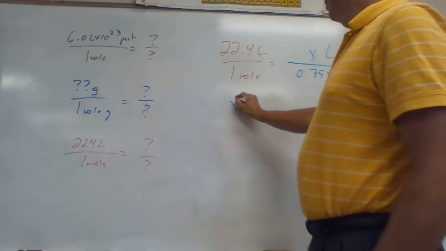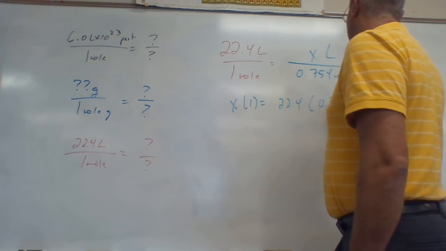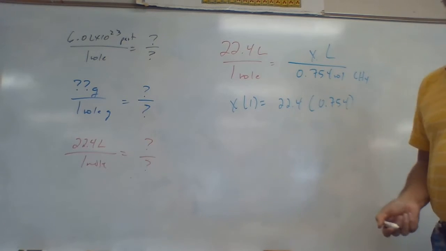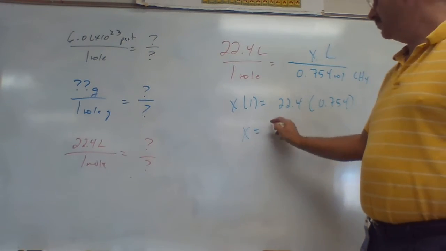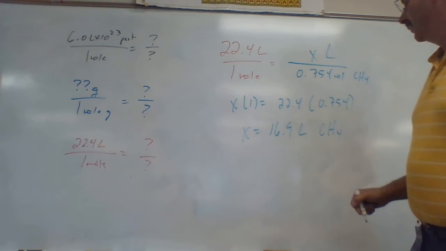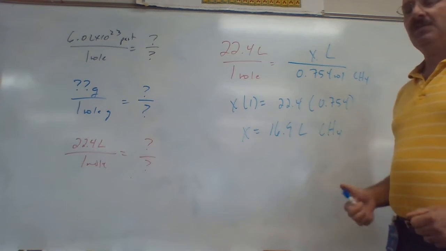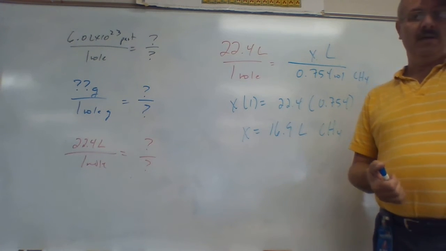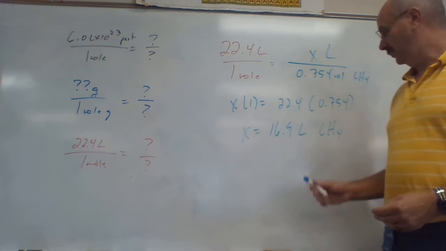X times 1 equals 22.4 times 0.754. So you multiply that out and you should end up with X equaling 16.9 liters of CH4. Make sure again that you tell me what substance it is. Don't just say 16.9 liters, because I'm going to go, liters of what? You've got to tell me what the substance is, so in this case, CH4.